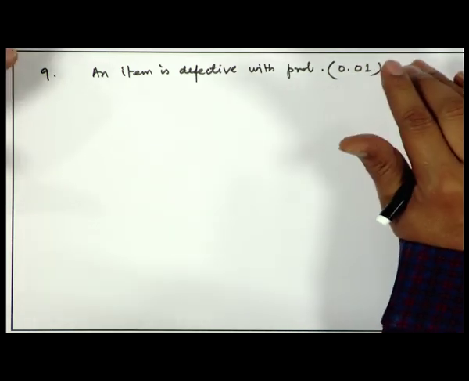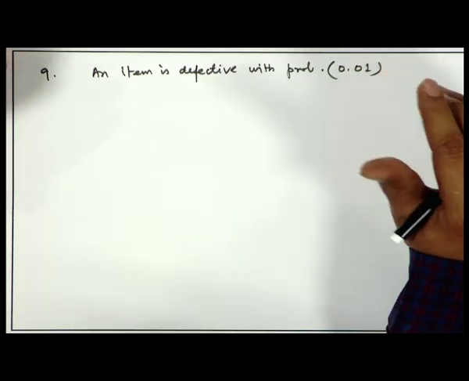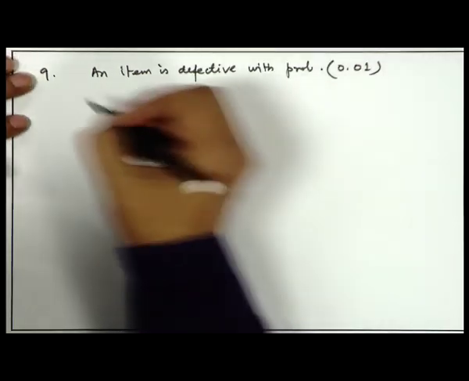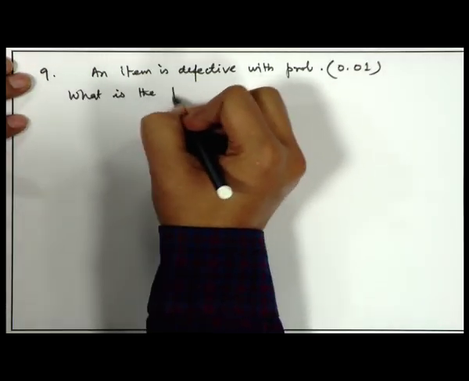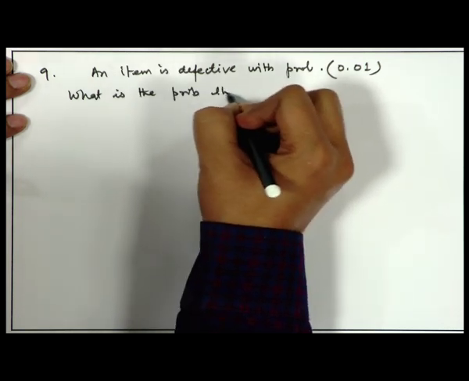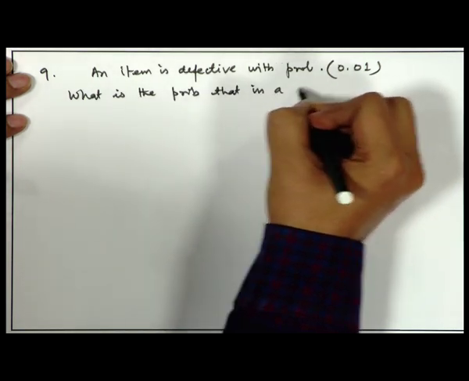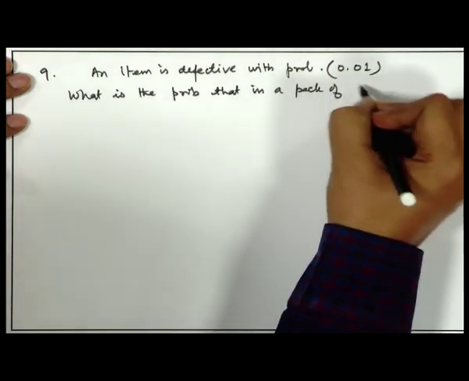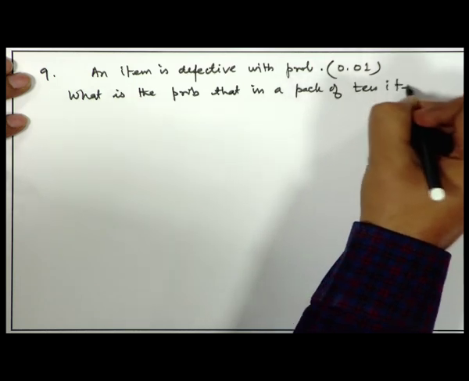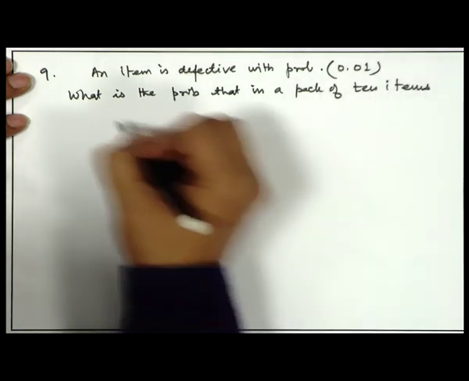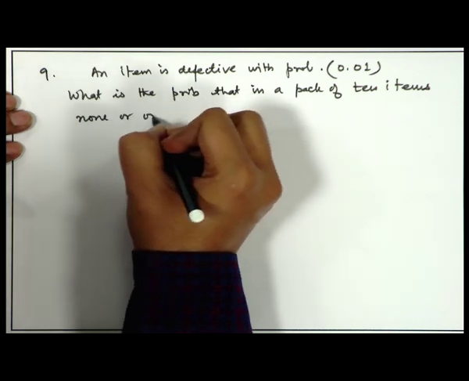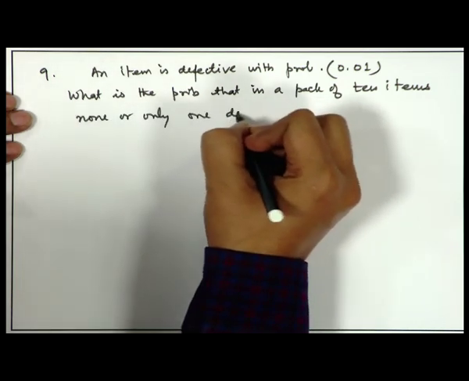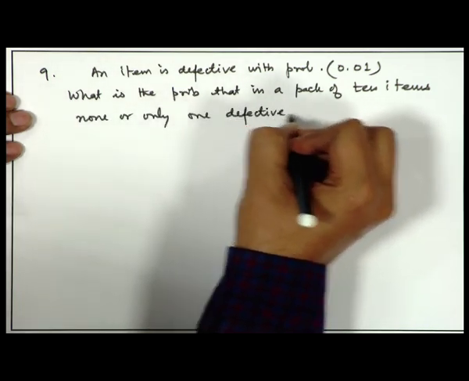Now, a customer has to buy a pack of 10. So, what is the probability that in a pack of 10 none or only one defective is there?